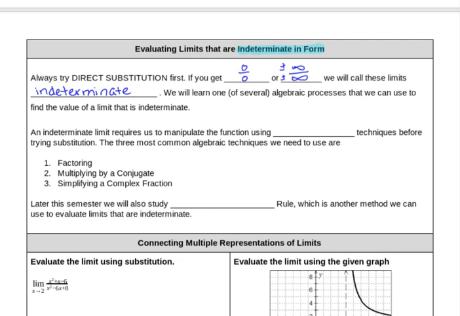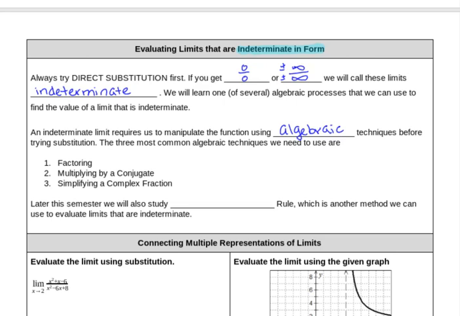We will learn one of several algebraic processes that we will use to find the value of a limit that is indeterminate. An indeterminate limit requires us to manipulate the function using algebraic techniques before trying substitution.